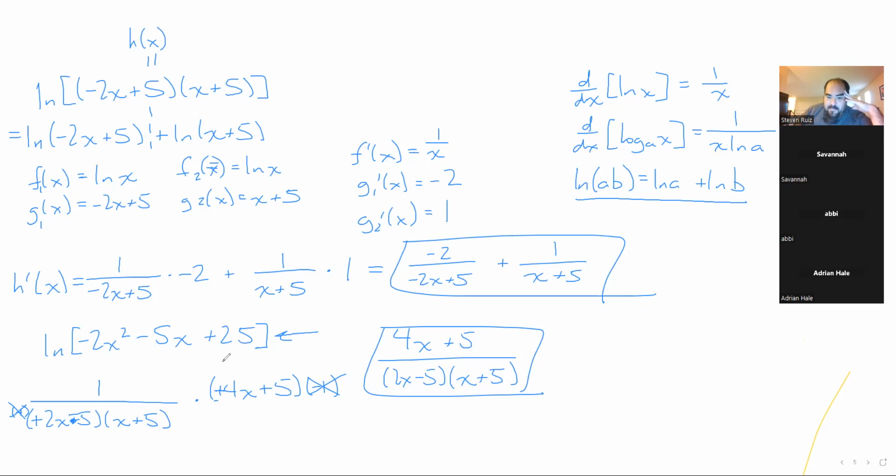Yeah. The way we did it together just before this was way easier. The way we did it together, we did it totally differently than the way they did it. But ignoring all the stuff I've crossed out, this derivative right here is fine.